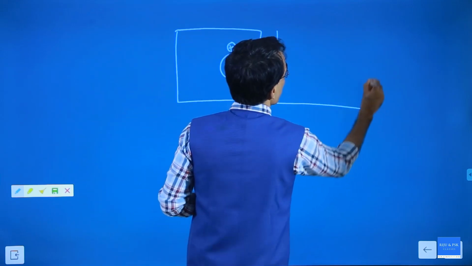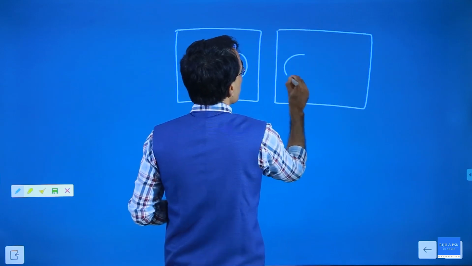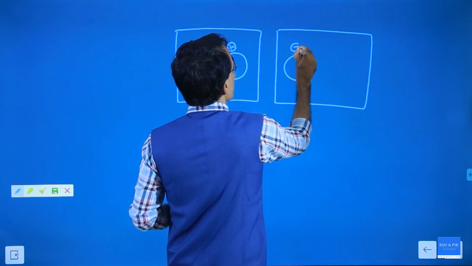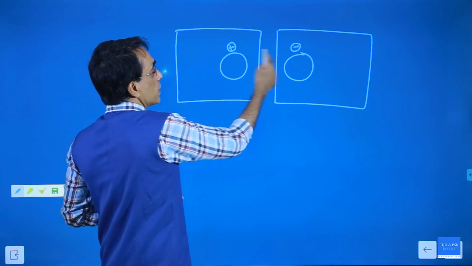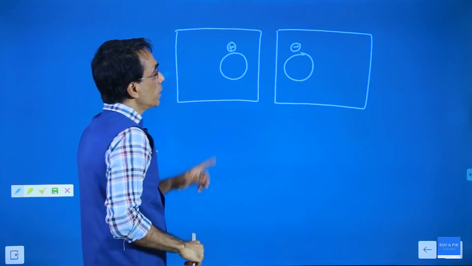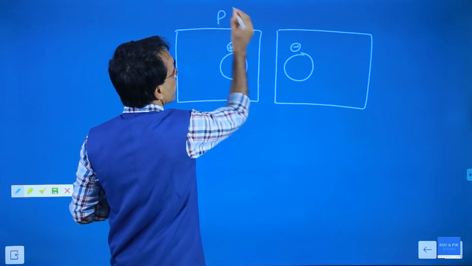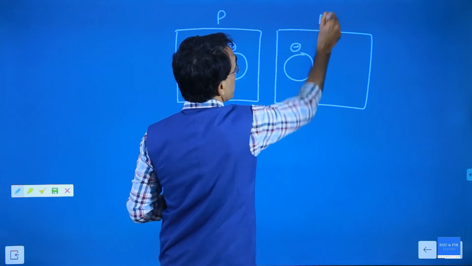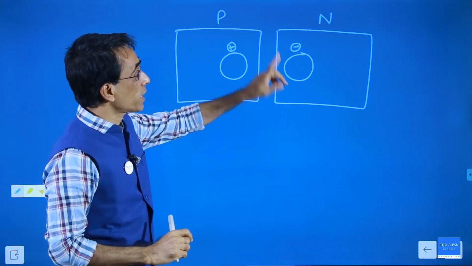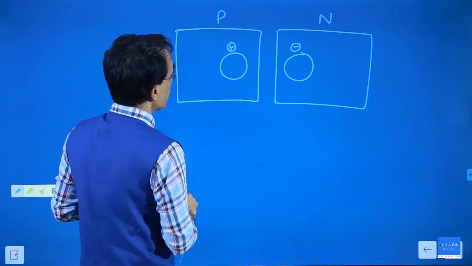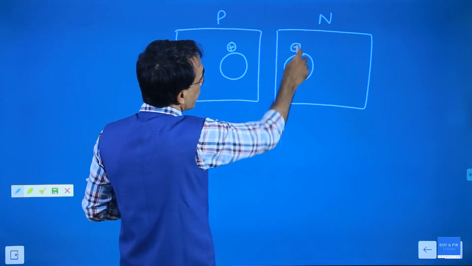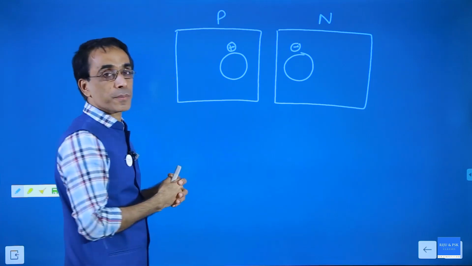Similarly, an n-type material has an electron and a core. This is neutral, this is also neutral. P-type is not negatively charged, p-type is not positively charged, n-type is not negatively charged, both are neutral. Now there is a fifth electron here and there is a vacancy of electron.